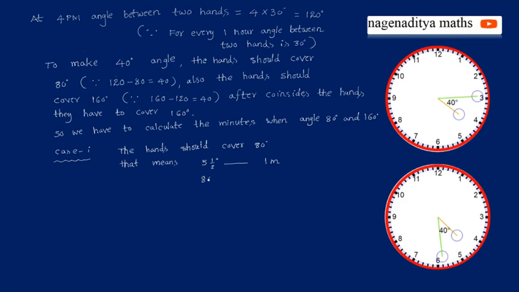This is direct proportion. So that becomes 80 by 5 1/2, that is equal to 80 by 11/2, that is equal to 80 into 2 by 11, that is equal to 160 by 11.